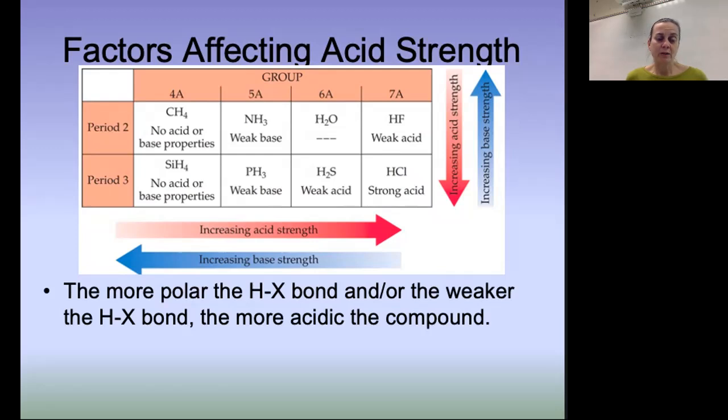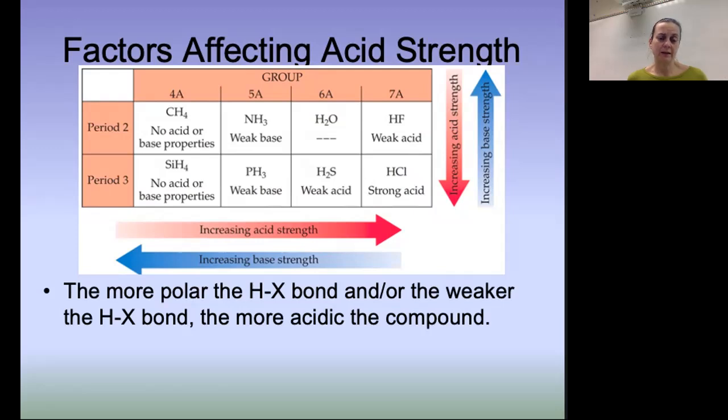So you'll notice that as we go across the table, polarity is the key. The radii are really similar, so it's the polarity of the bond that matters. As we go across the table, that polarity increases and therefore the acid strength increases. But as we go down the table, if we were to think about the halo acids, hydrogen fluoride, hydrogen chloride, hydrogen bromide, it really is about the strength of the bond.